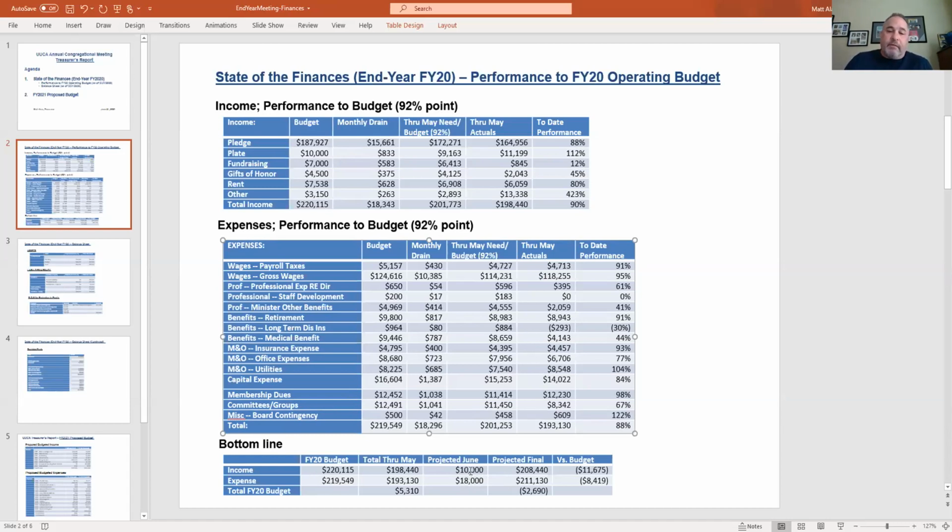I'll make a reach out right now to everybody in this meeting. If you haven't completed your pledge, please take a look at that, and we'd appreciate it if you do complete it. But based on projections right now, I'm expecting 208.5 in income and 211 in expenses by year end, which means a $2,500 loss for the year.